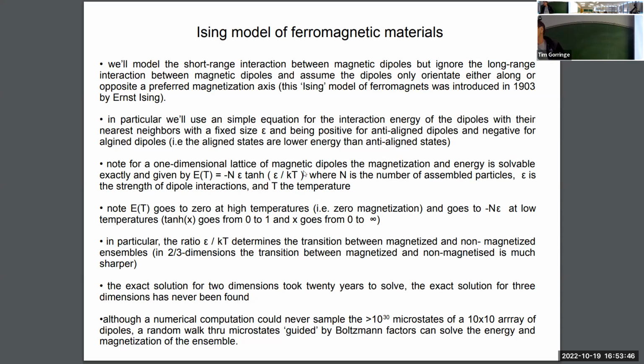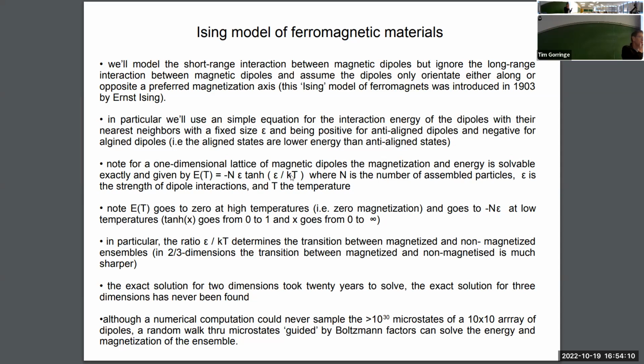So this equation is quite informative. I mean, it's nice and simple. We like that. And it's quite informative, because it tells us the properties of this one-dimensional array of atoms as a function of the temperature.